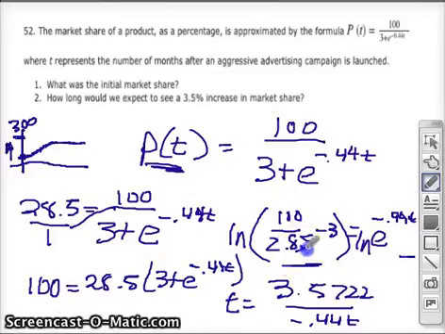Sorry about that. 28.5. All right, let's do that one more time. 100 divided by 28.5 is equal to something. Subtract 3 is equal to. Take the ln of that, I do apologize, and I get negative 0.6757. Now divide that by negative 0.44, 1.53, 1.5.